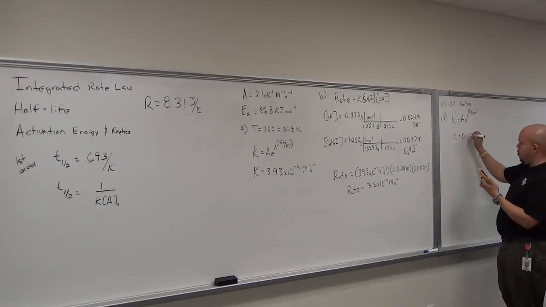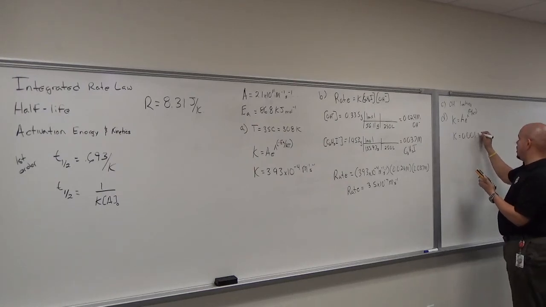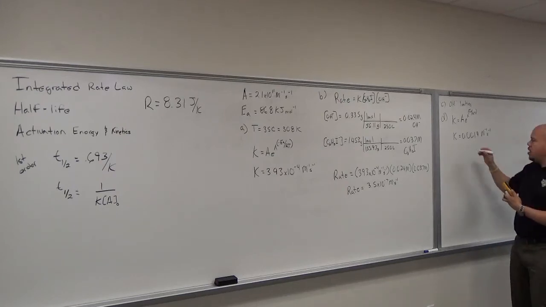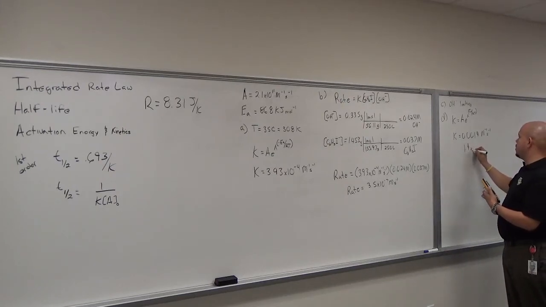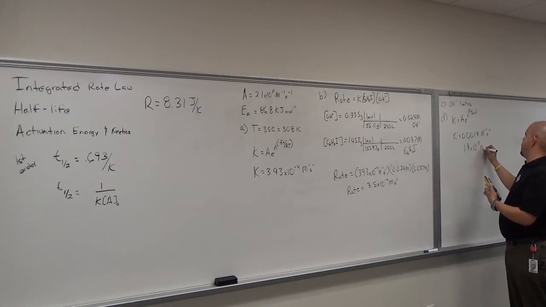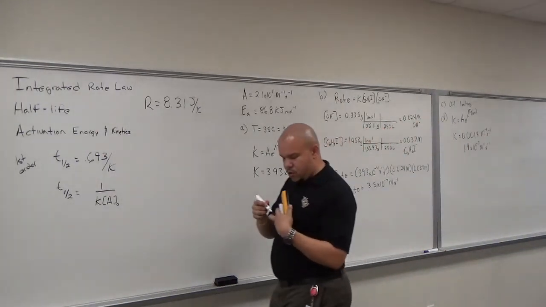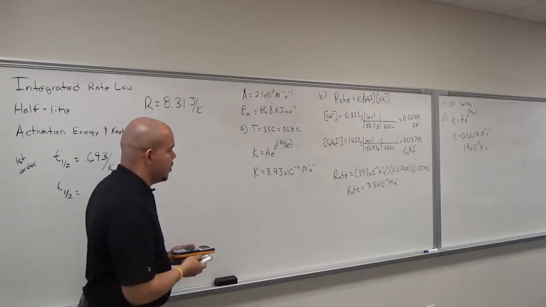That should be 0.0019, and this should be M to the negative 1, s to the negative 1. And if you look at this and compare, you see that raising the temperature has given us a larger k value, which is what we should expect to see mathematically.